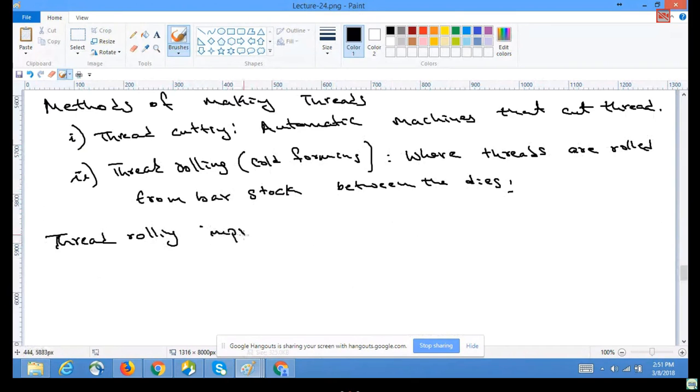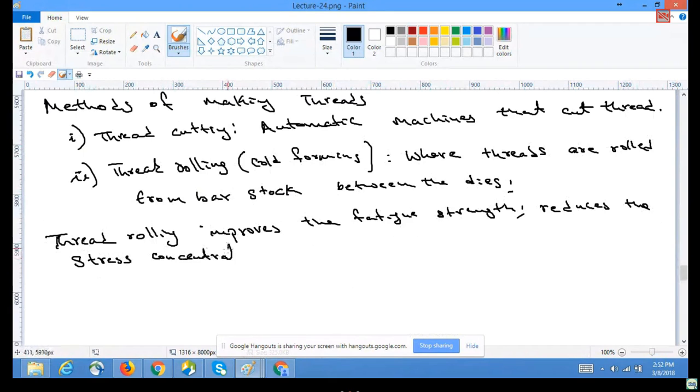it improves the fatigue strength and hence reduces the stress concentrations due to radii at crest and root, and it also helps in less wastage in materials.